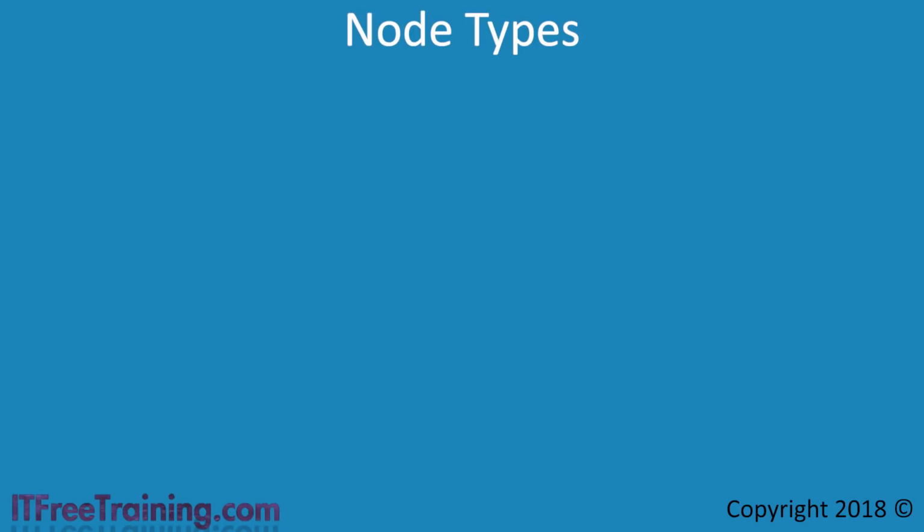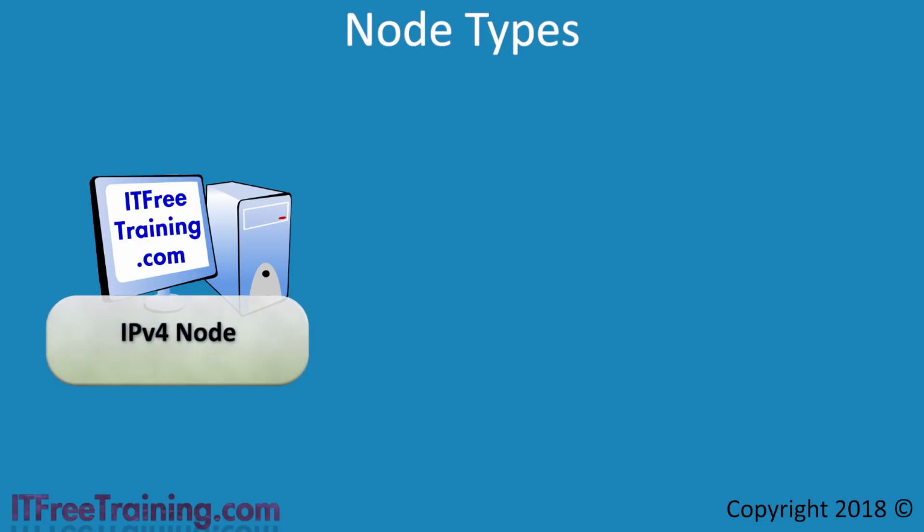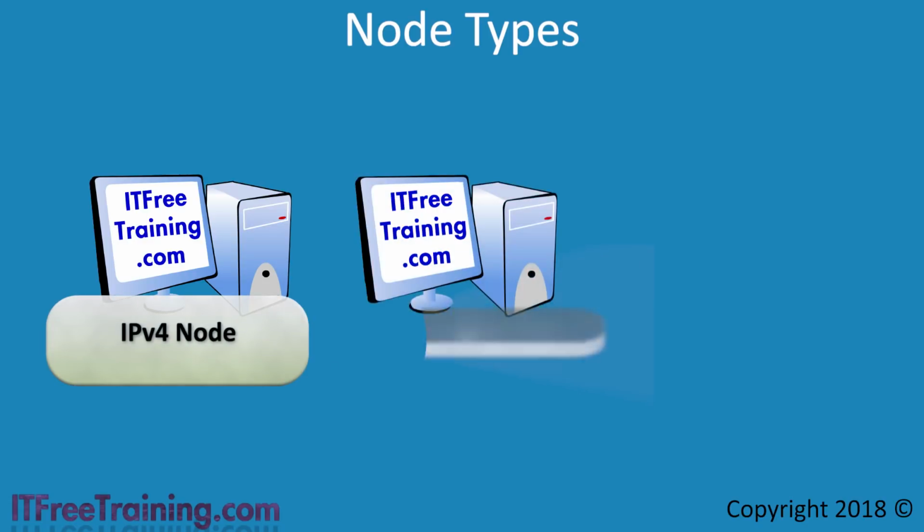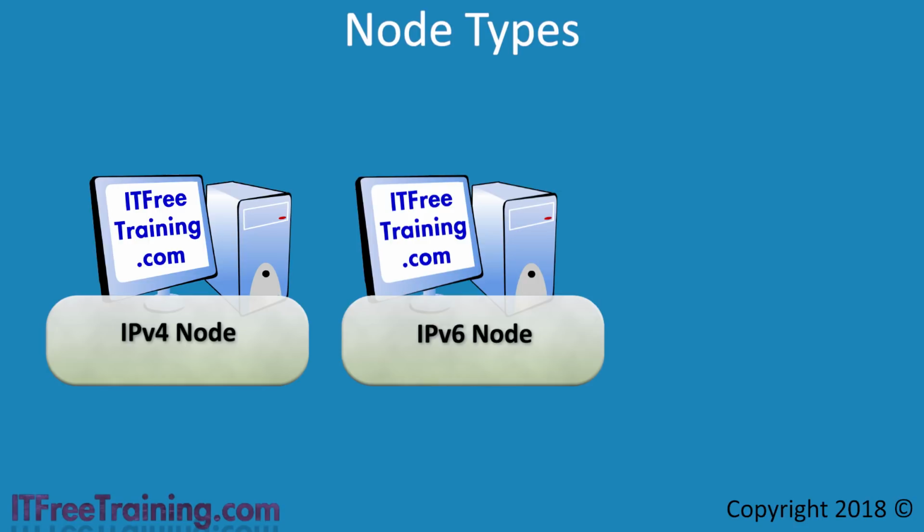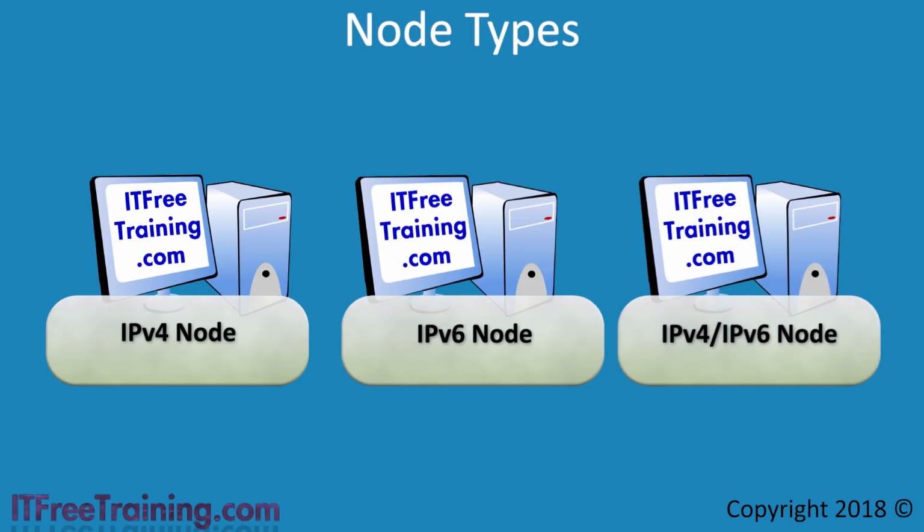This brings us to the different node types. A device running only IP4 is an IP4 node type. A device running IP6, an IP6 node. A device running both IP4 and IP6 is an IP4 IP6 node. This becomes important when using transition technology and tunneling. Transition technology is designed to help the deployment of IP6 on the network.